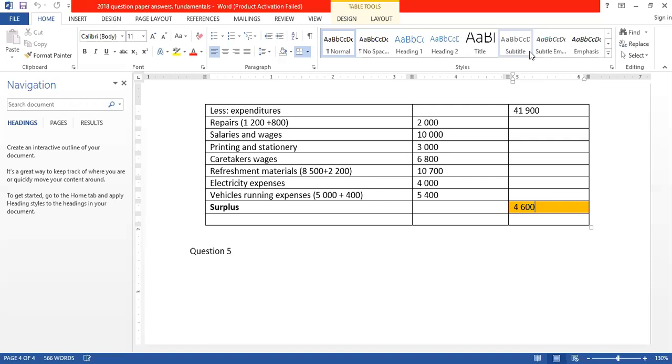It's a mixture of books and ledger accounts that you'll need to draw up in order to find your missing figures. So I advise you to go to your incomplete records slides, then you can read more and understand. Okay, so the first one, question 5.1.